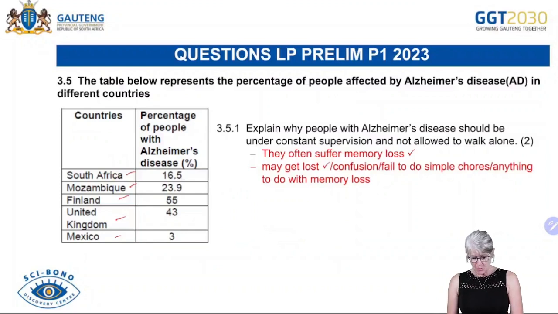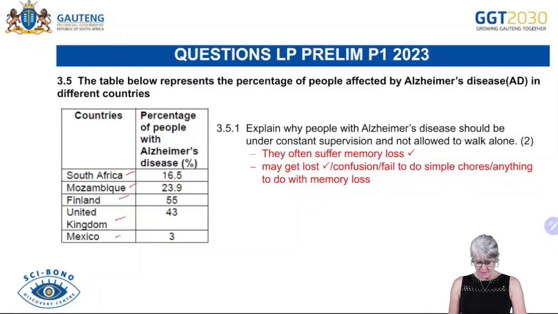All right, so when I work out my scale on my y-axis, which is going to be my dependent variable, so the percentage of people with Alzheimer's, I can't use the numbers that are in the table, because then my graph is not going to show the picture that it should.